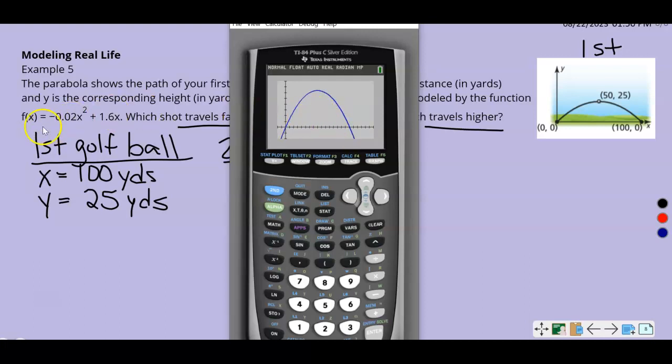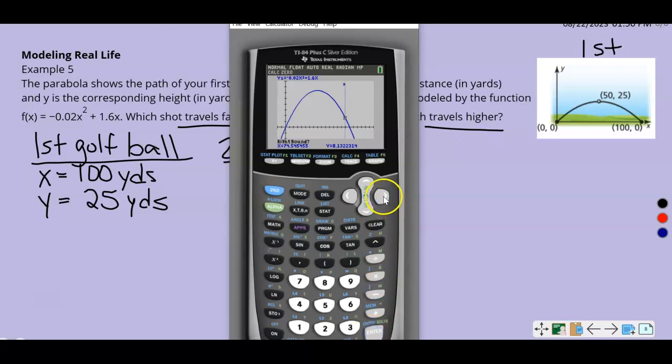All right, so this is the graph of f of x, and we can find the vertex and the distance traveled by looking at second trace. Let's look at the 0 first. So number 2, I'm going to scroll down. We did this in a previous lesson. So I'm going to do left bound.